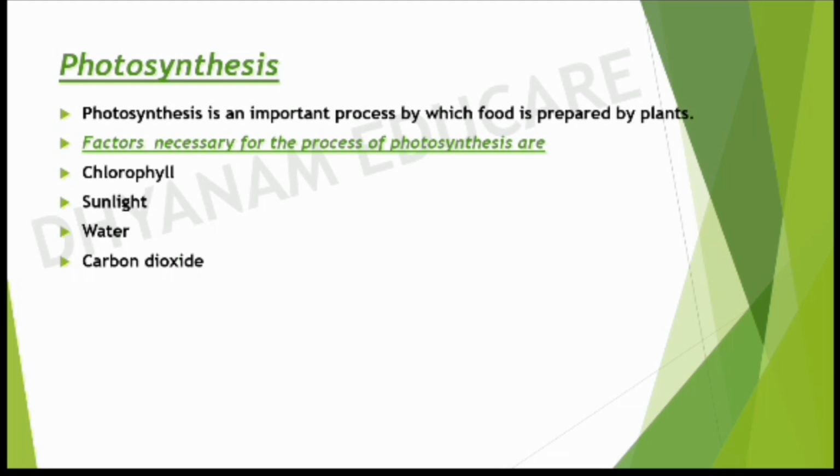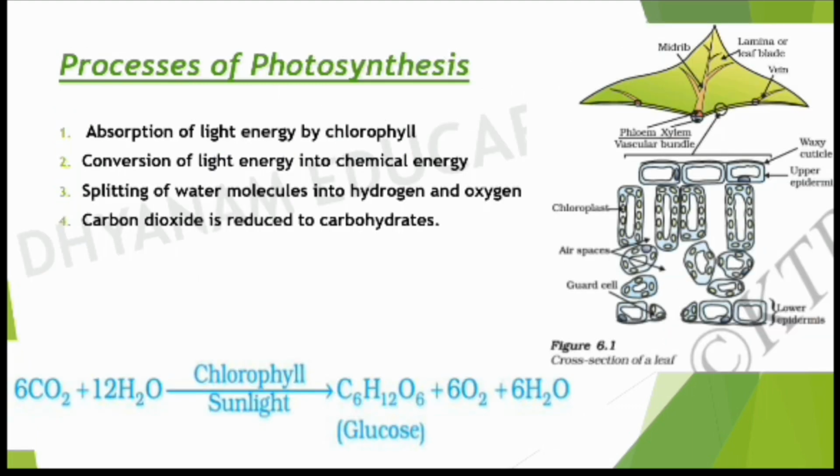Photosynthesis is an important process by which food is prepared by plants. What are the necessary factors for the process of photosynthesis? That is chlorophyll, sunlight, water and carbon dioxide. These are the necessary factors required for photosynthesis. Let us discuss in detail the process of photosynthesis.